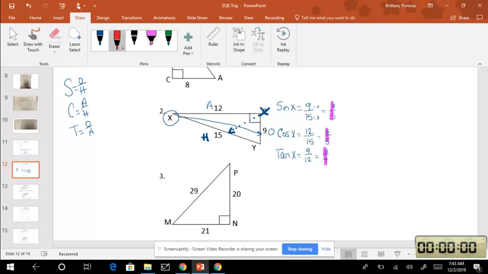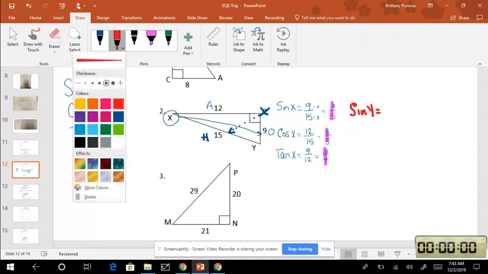Now we're going to do sine, cosine, and tangent of angle Y. So sine Y equals. Now we have to go through and relabel the triangle for sine. And usually what I do is I don't erase the stuff I already have, I just rewrite over it.